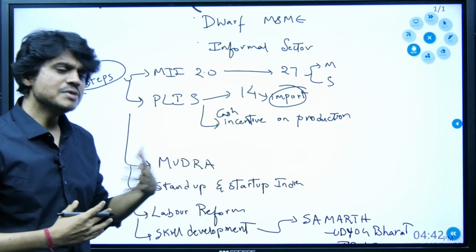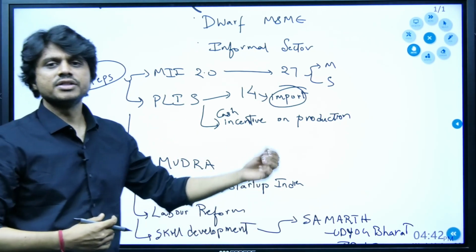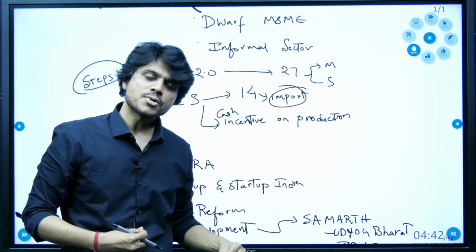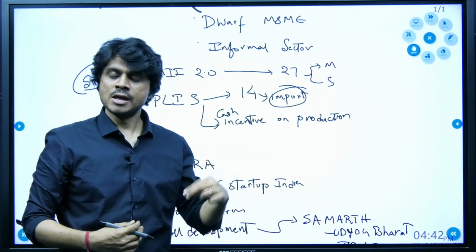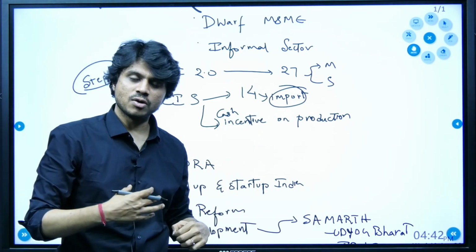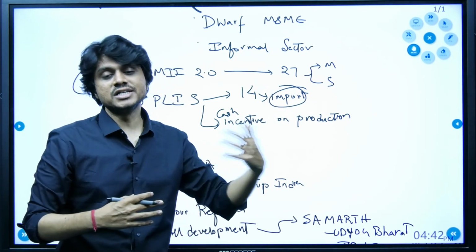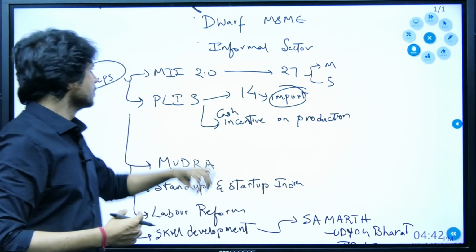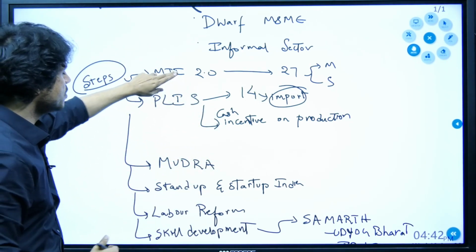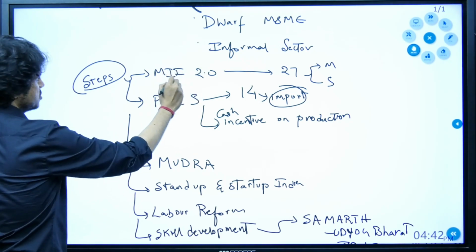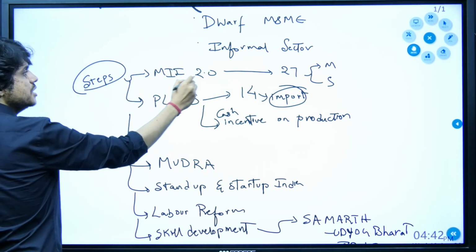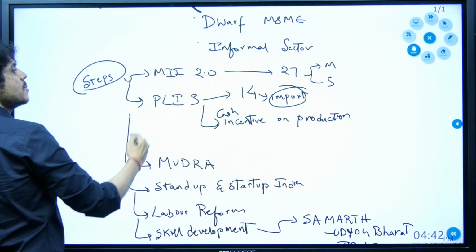It is nothing but more simplification of the norms. They are trying to attract more FDI, promote innovation, and provide a policy that will facilitate industrial development. You have to mention in simply 2 lines what we are trying to do under Make in India 2.0 to promote the manufacturing sector.